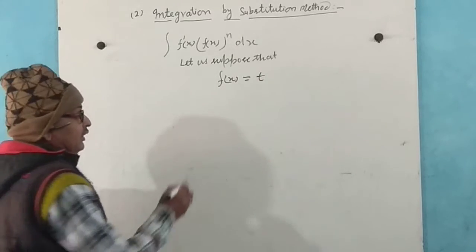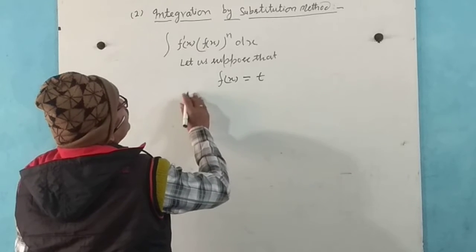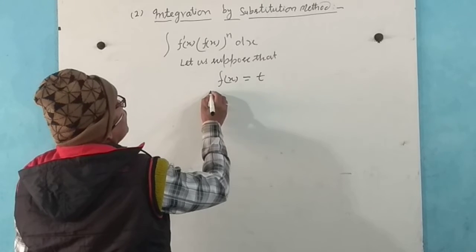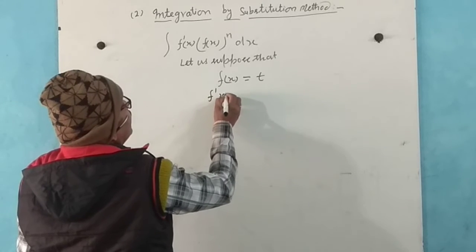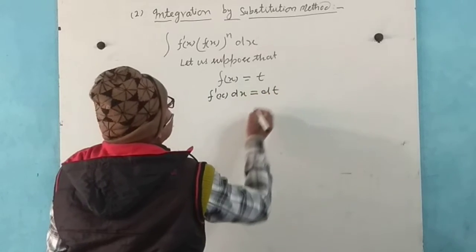Then differentiating with respect to x, f dash x dx equal to dt.